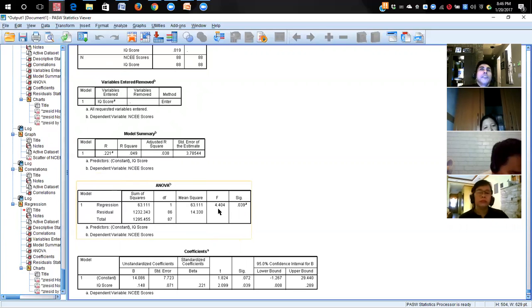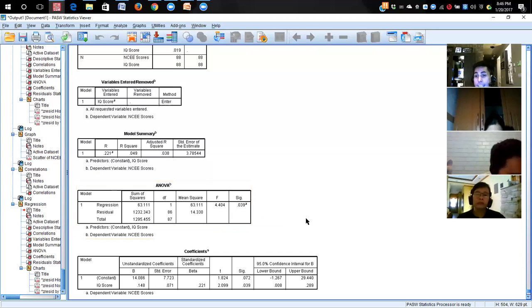It always gives you the normal distribution for the Z-score, and on a t-test, what the t statistics are at different significance values, and then this is an F statistic. ANOVA uses F statistics, and for this data set it gives you 4.404, with a significance of 0.039.